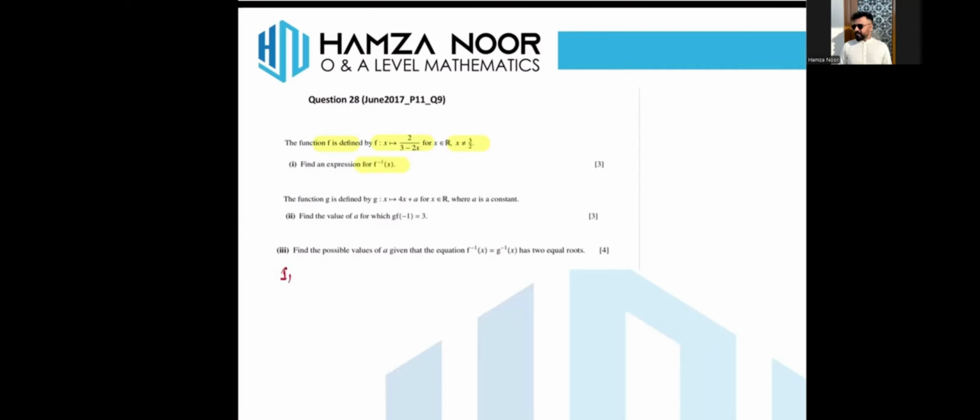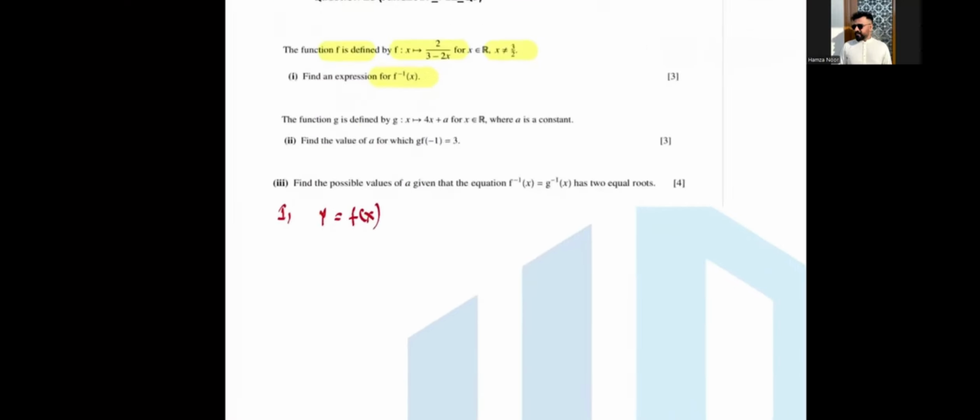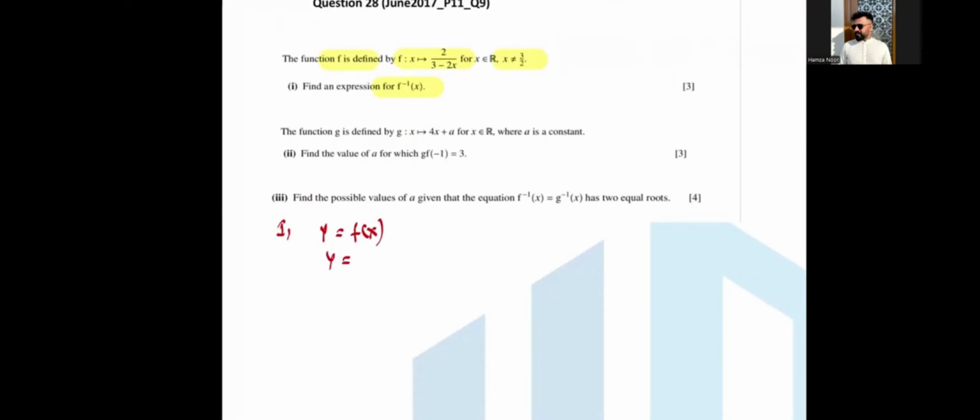So simply we need to perform the steps of finding the inverse function. So y is equated with f(x). So y will be equal to 2 divided by (3 minus 2x). Now in the next step, I'm going to expand this.